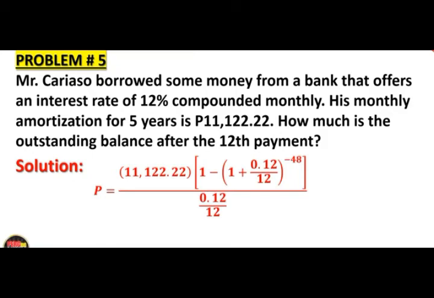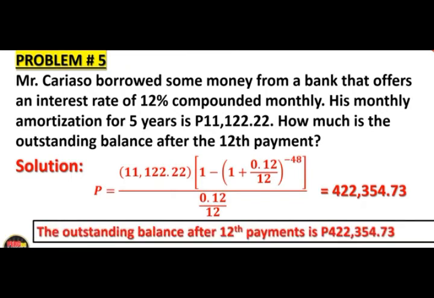Again, why 48? Because 12 payments have been made, so therefore 60 minus 12 equals 48. Then, P equals 422,354.73. Therefore, the outstanding balance after 12 payments is 422,354.73 pesos.